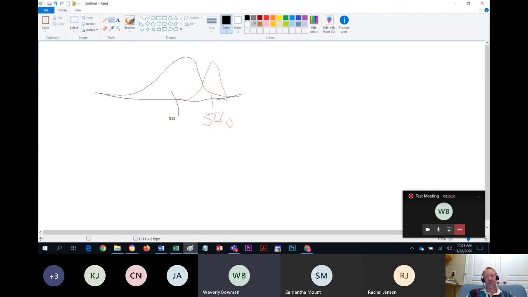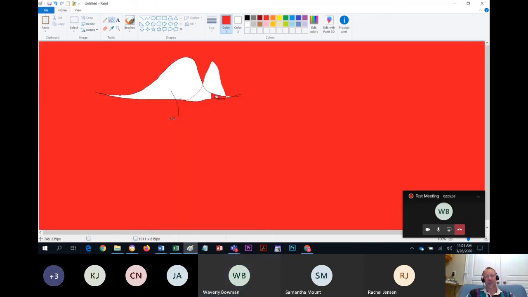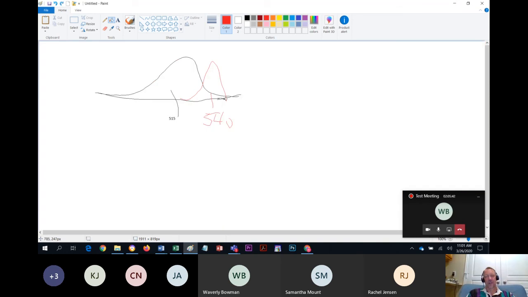That's correct, okay? So I want this area to the right.